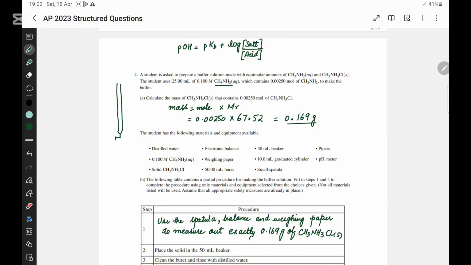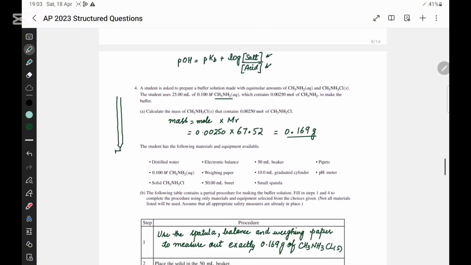So the salt here is going to be the base here, and that is going to be the acid. If you see the base here, its number of moles you can get by multiplying molarity with the volume, and that comes out to be 0.0025.